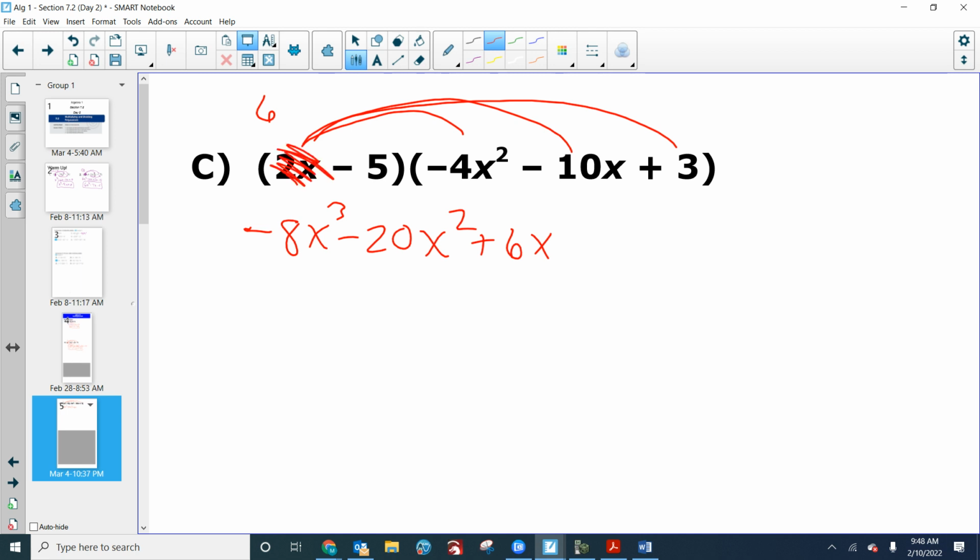Distribute the -5. Get my last 3 terms. Go. Plus 20x squared. Plus 50x, minus 15. Real close. I got minus 15. That's what I said.